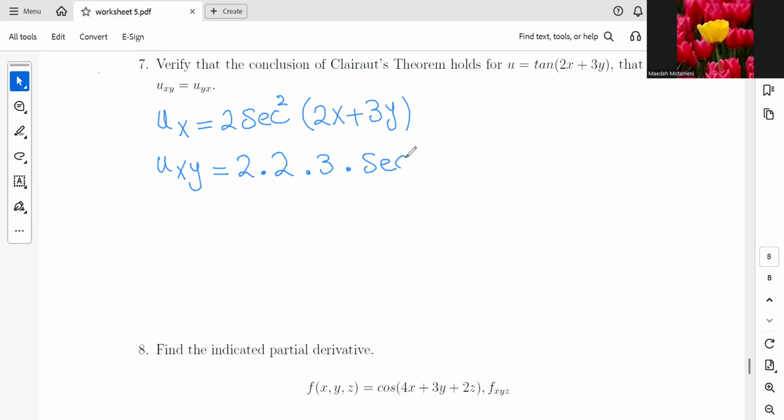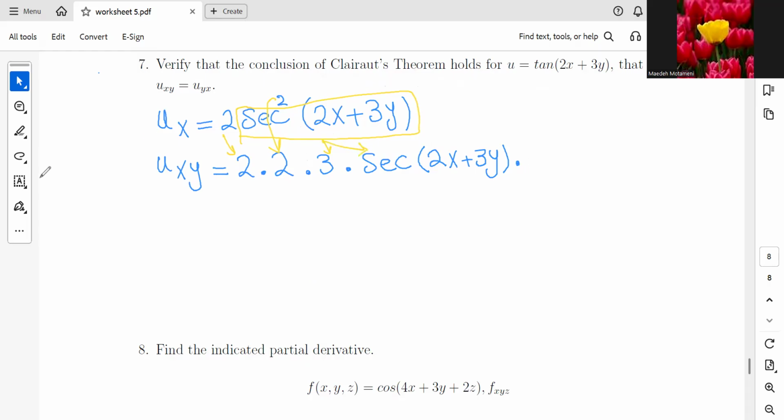And the function of 2x plus 3y. But we need to multiply this by the derivative of secant. So we're looking at this function as secant of something to the power 2. So we keep 2, we put the power, we put the derivative of whatever we have in the box, which is 3 secant squared.